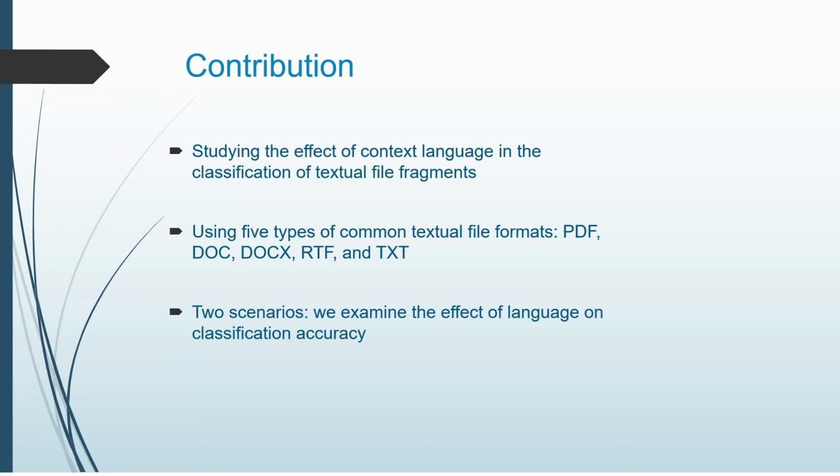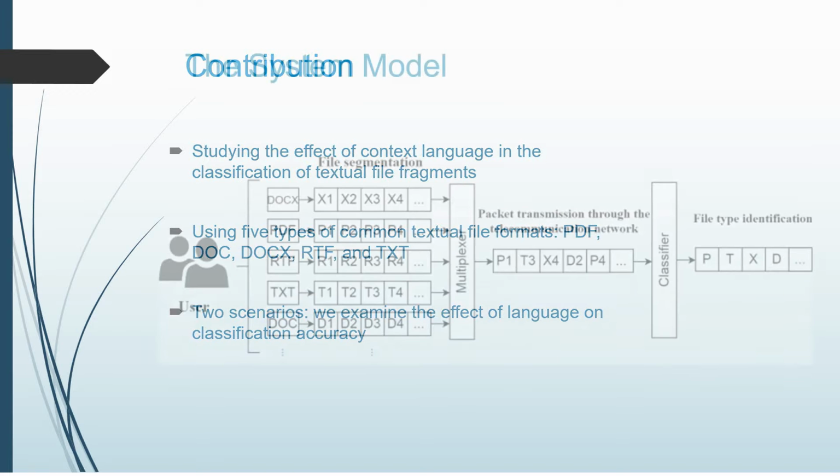By employing two different scenarios, we examine the effect of language on classification accuracy. First, we consider same languages for training and test, and then we consider different languages for training and test files.